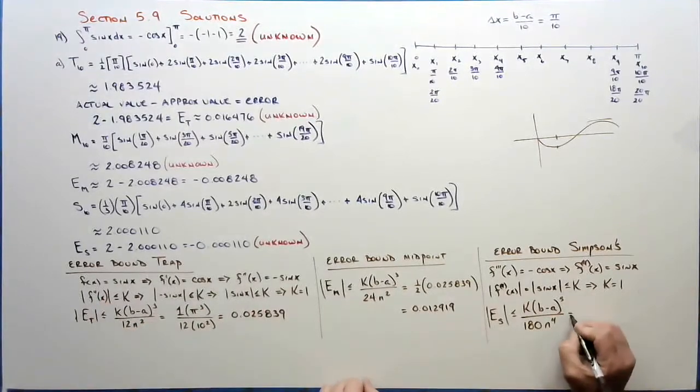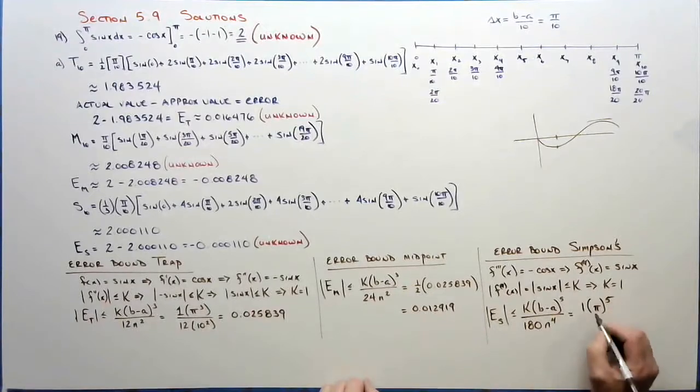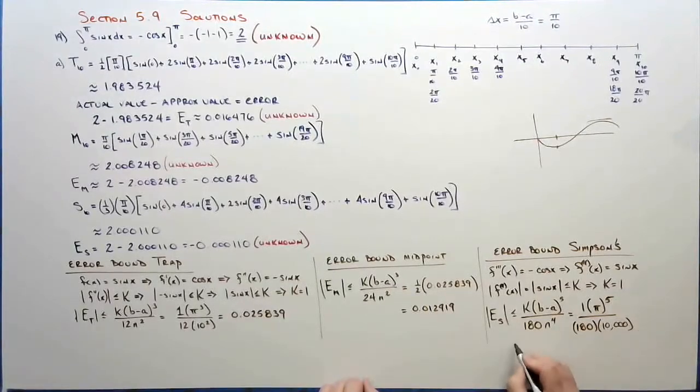So if we do our calculation here, we're going to get 1. We're going to get pi to the 5th divided by 180 times 10 to the 4th, right? 10 to the 4th is 10,000.